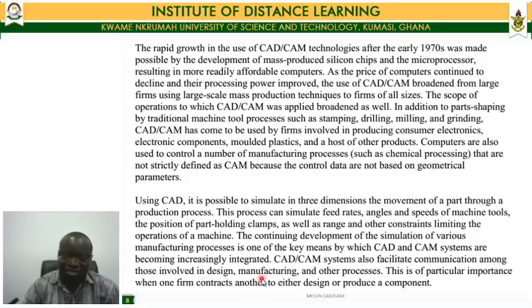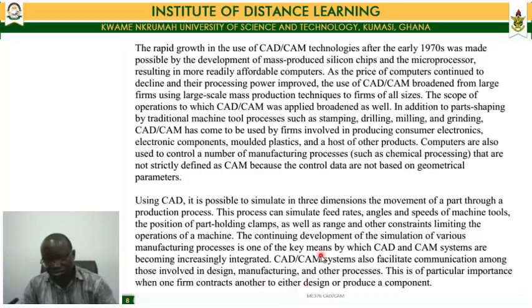So as CAD continued to develop, and simulation of various processes are also developing, CAD and CAM is becoming increasingly integrated. So you could basically see CAD/CAM systems also helping communication among those involved in the design.